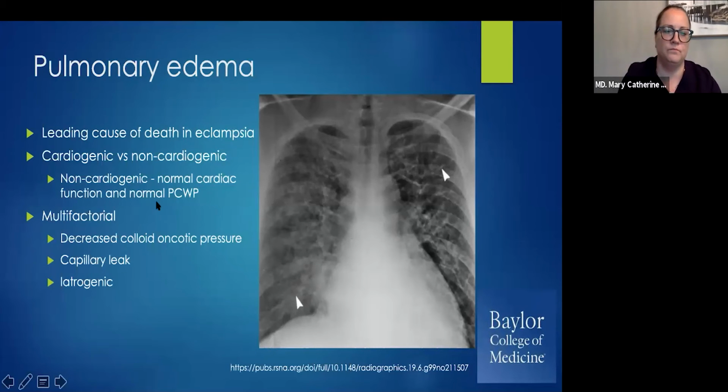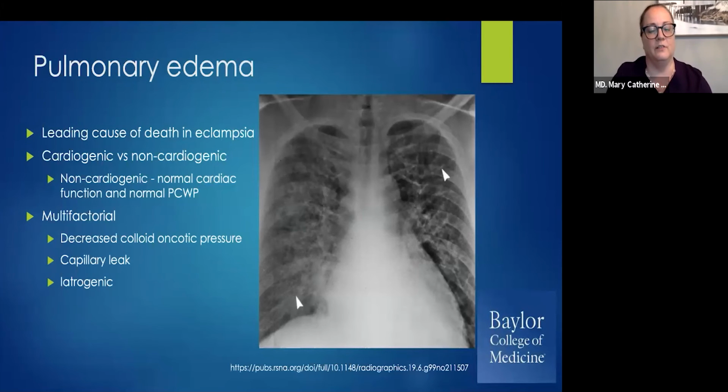Getting back to what I was saying, pulmonary edema can be non-cardiogenic in that, as in most preeclamptic patients, the cardiac function is normal, as is their pulmonary capillary wedge pressure. That's what that stands for there.